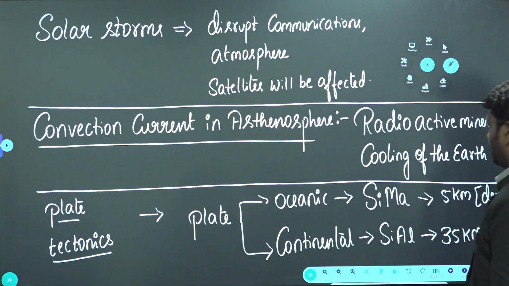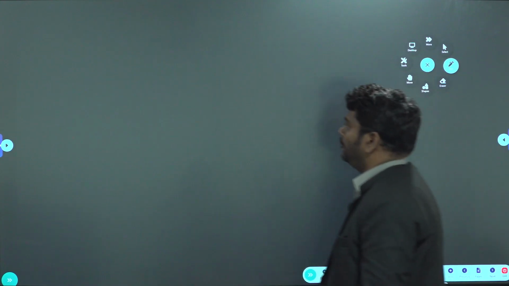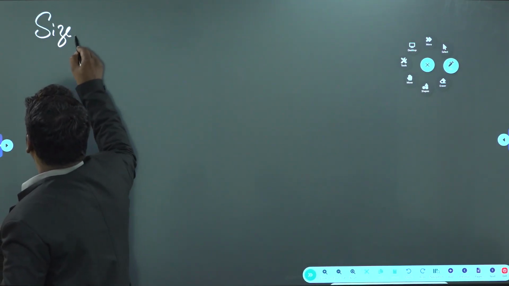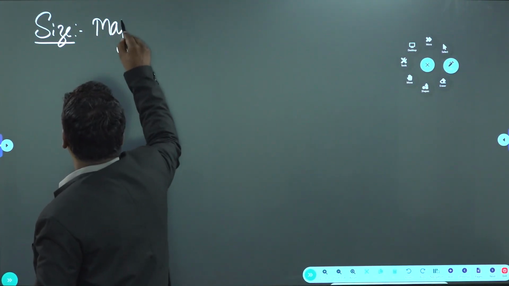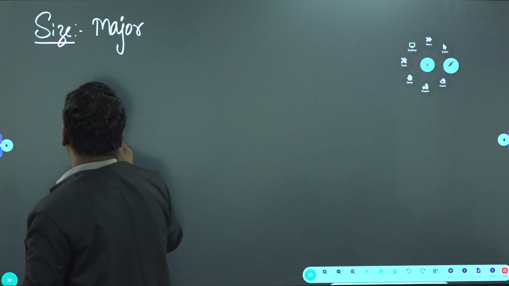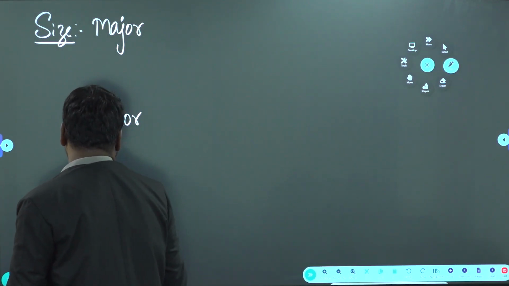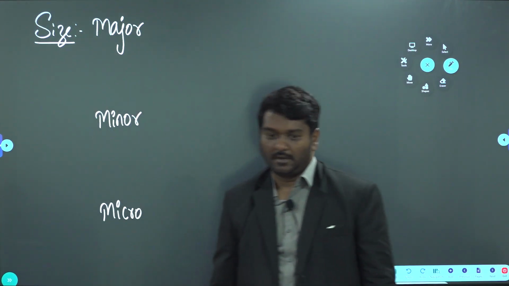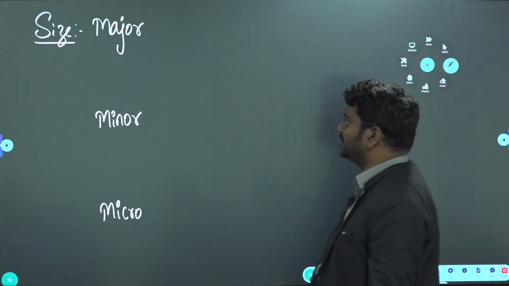Next. Based on the size, plates are divided into major, minor, and nowadays micro. Okay, you have new classification, micro plates as well.